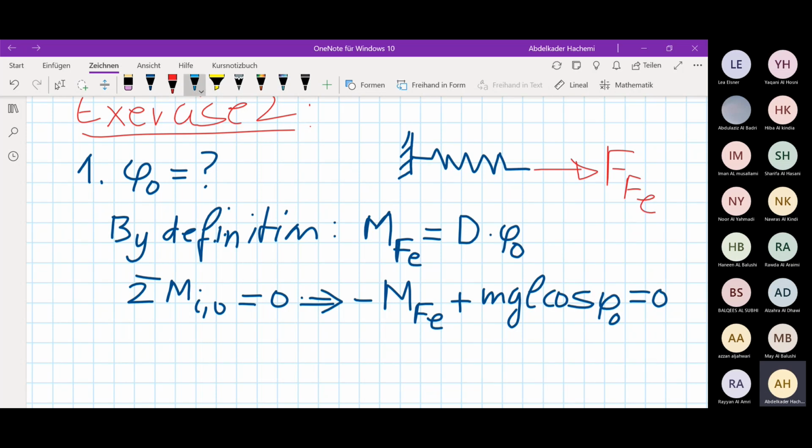If the spring now elongates, I make it like this with a different color, then there is this distance here, which I call delta S, the elongation of the spring.